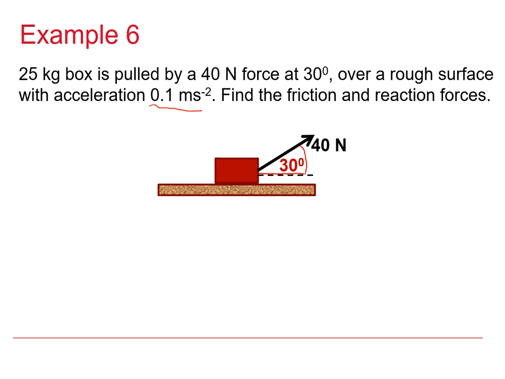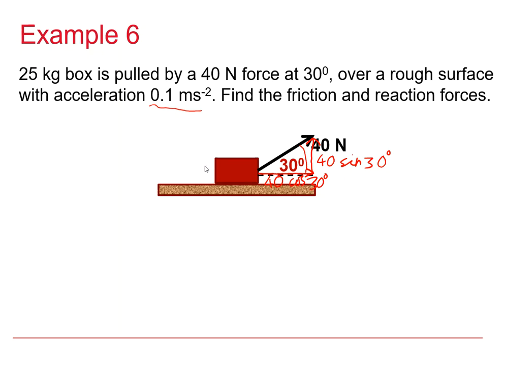So obviously it will have a horizontal component and a vertical component, and the horizontal component, because that is adjacent to the 30 degrees, that's going to be 40 cos 30 degrees, and the vertical component will be 40 sine 30 degrees.